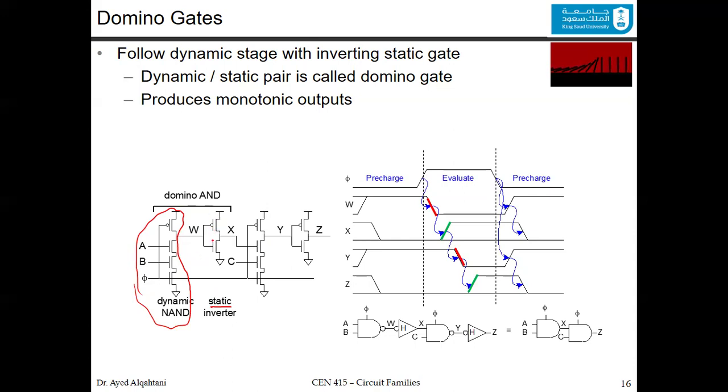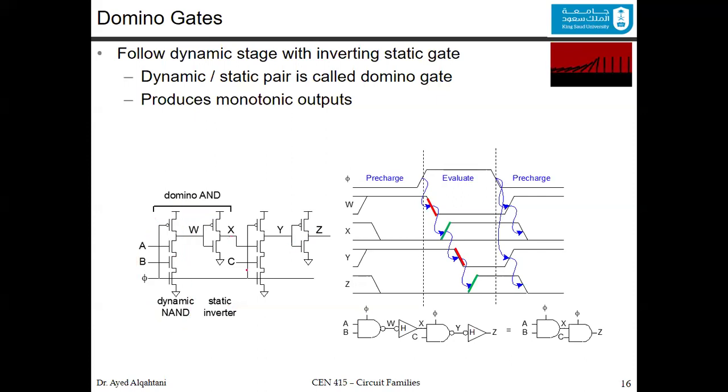And the static inverter will fix the problem that might be within this node, which is now called W. So whatever problem happens in the W, it will be corrected in the X. Even if you face another problem in the Y, that's another dynamic circuit, which is again a dynamic NAND, the other static inverter will fix the problem.